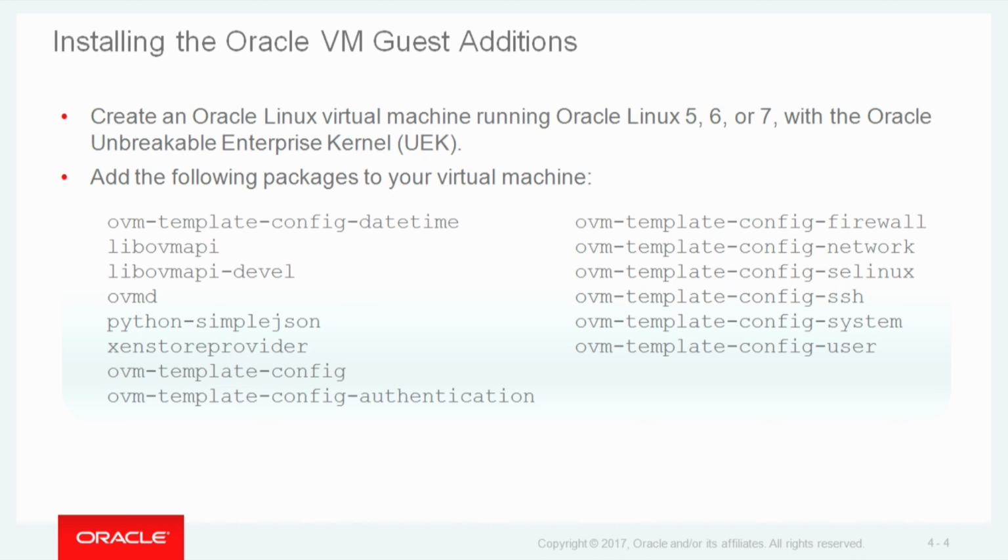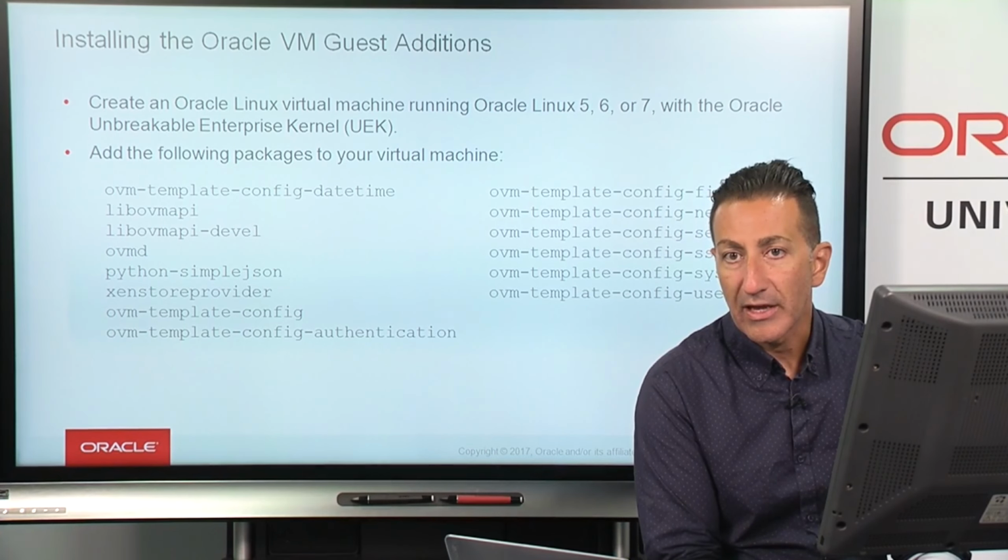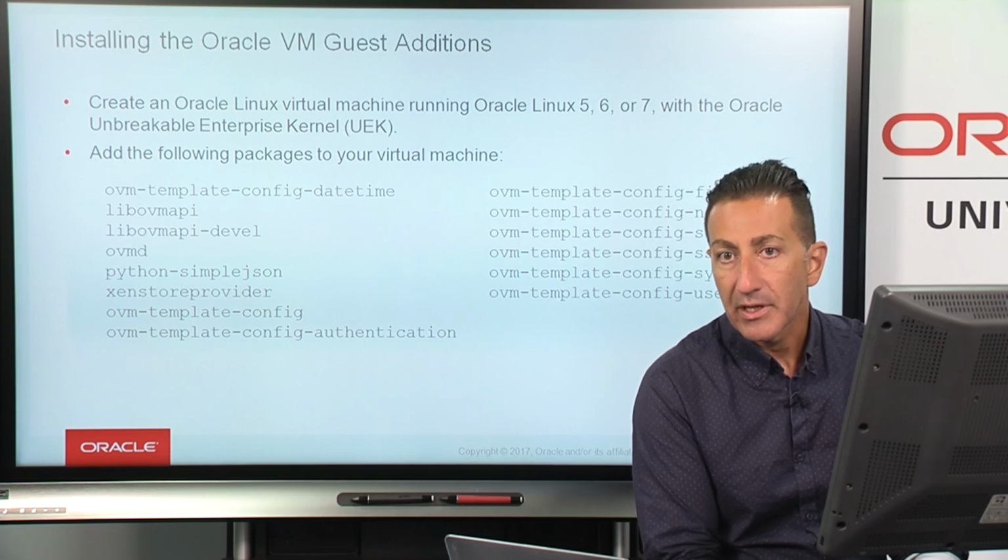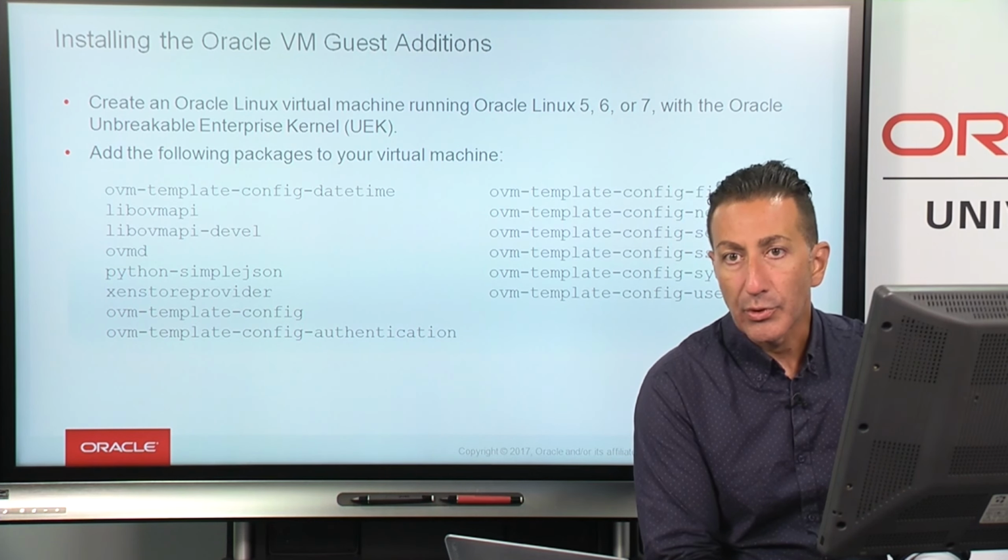If you want to disable the firewall, enable and configure static or dynamic IP address assignments, enable or disable the SELinux security, or disable the SSH protocol. System is the option to configure some properties of the system, such as kernel parameters, and user is to configure the password for the root user.